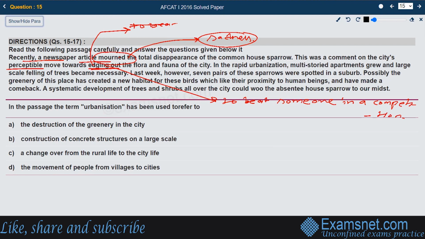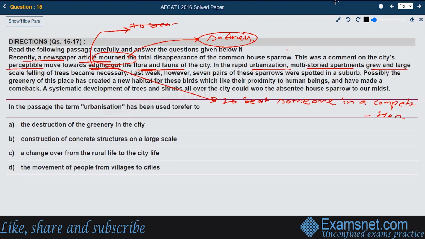Towards edging out, the flora and fauna are related to the beauty and the natural plantation and the waters available. In the rapid urbanization, the word urbanization means the construction of buildings, roads, city, and commercialization.